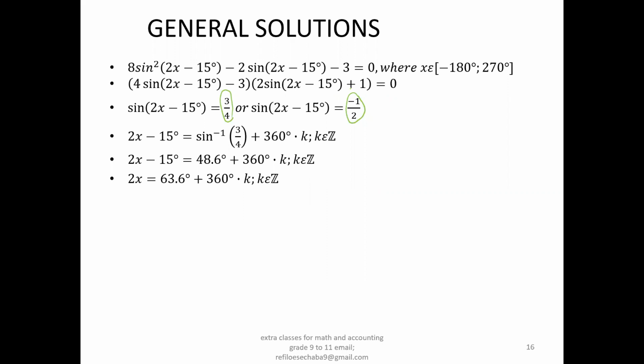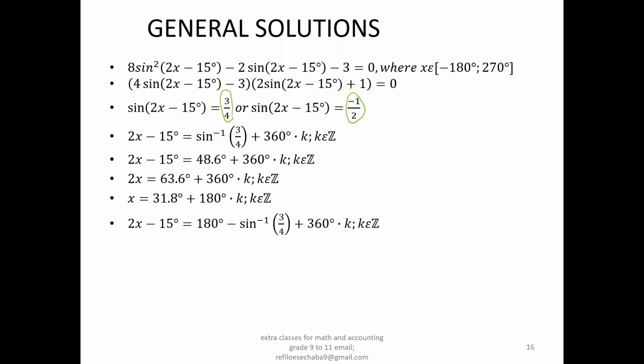Do you understand how I got that 63,6? Yes. And then you divide by 2. Are you aware I also divided 360 by 2? Yes. All right. And then that is only the first part of the solution. This is the second part of the solution. Are we still fine?